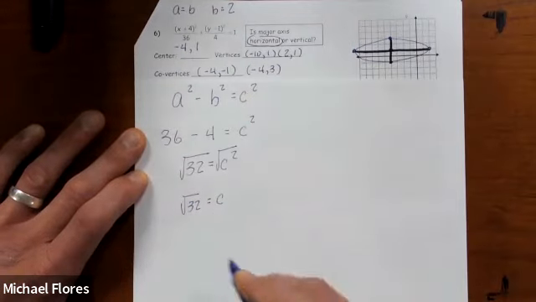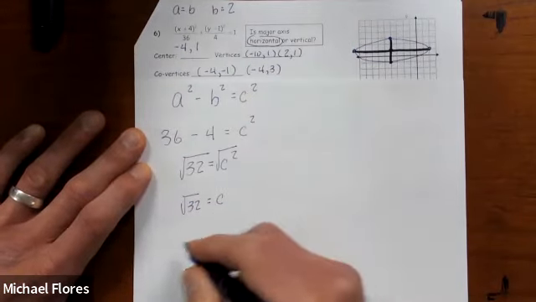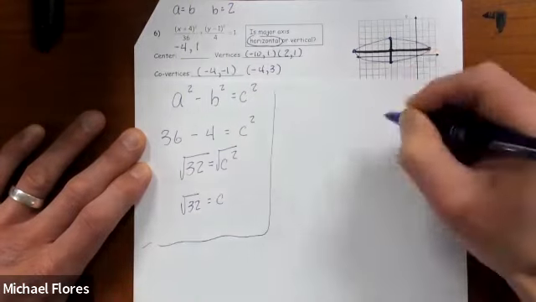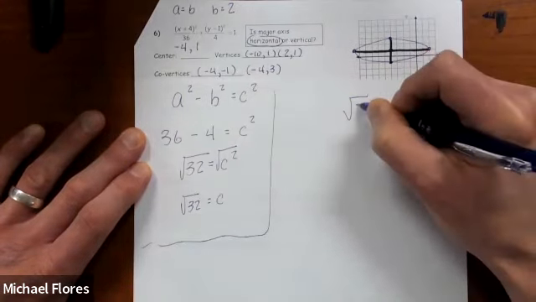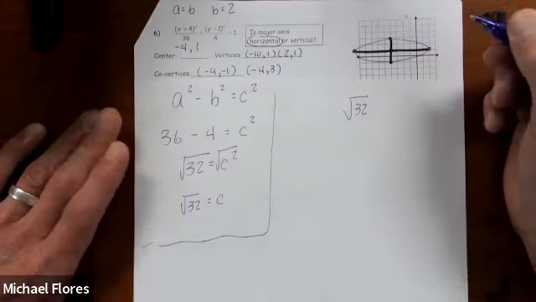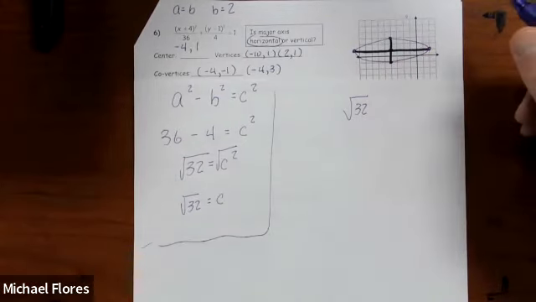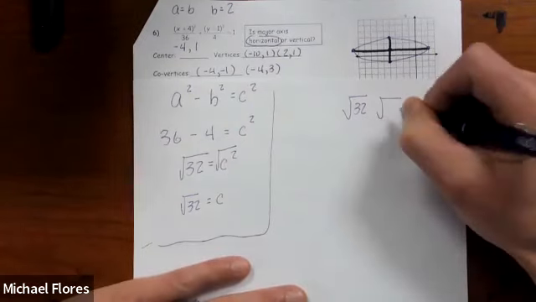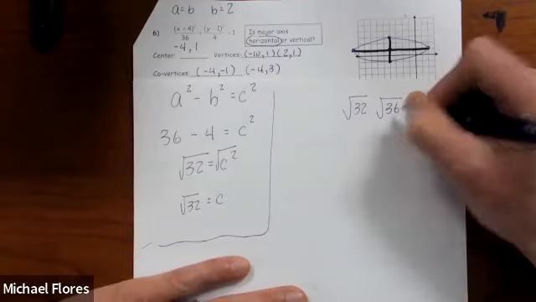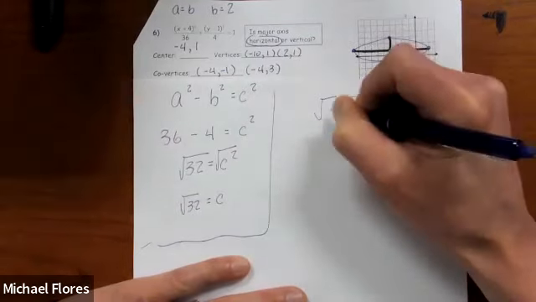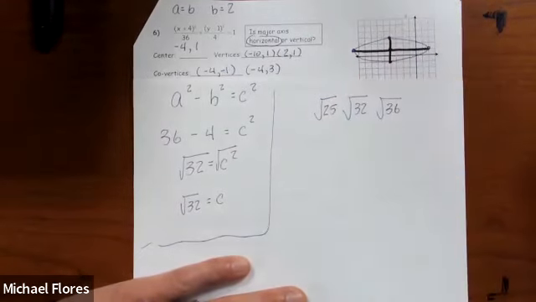Okay, so C is equal to the square root of 32. Square root of 32. What perfect squares surround 32? 36 and 25.